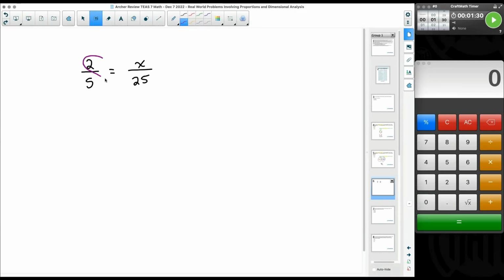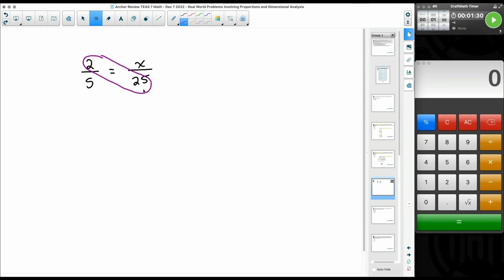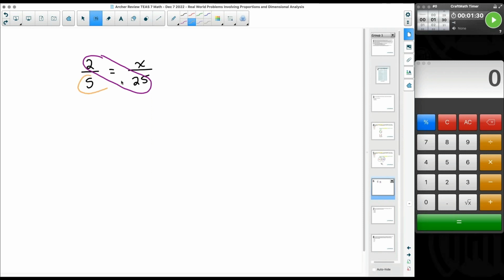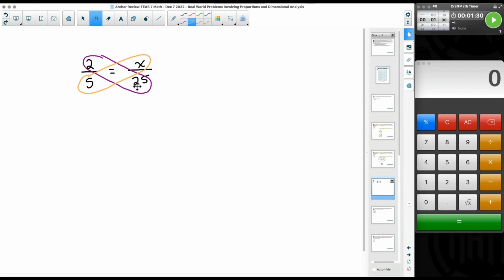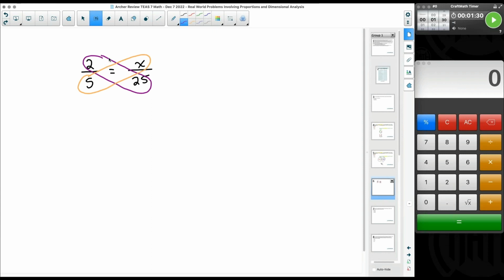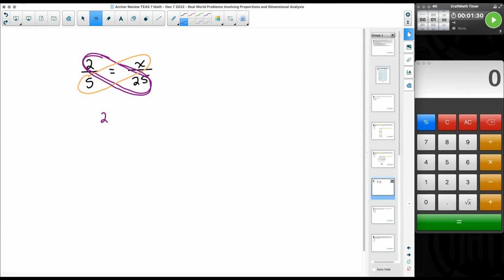When you look at the cross multiplying, take the 2 numbers that don't have the variable with them. What do I mean by that? There's one cross multiplying, and here's our other cross multiplying. The purple one, the 2 times 25, we don't have the x with that. So what I tell students to do is take those 2 numbers and multiply them together.